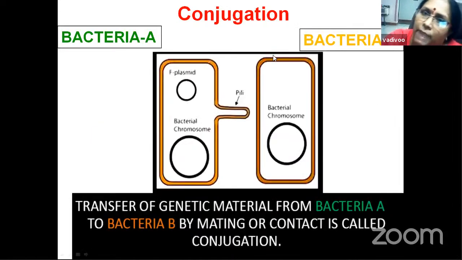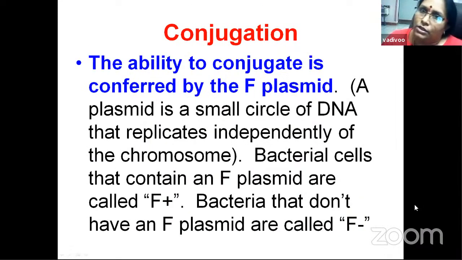As you can see, bacteria A, bacteria B. Here is the F plasmid, otherwise F factor. Through it, only this bacterium is capable of forming a pilus or conjugation tube. So it mates with the F minus cell and transfers the genetic element. The transfer of genetic material from bacteria A to bacteria B by mating or contact is called conjugation.